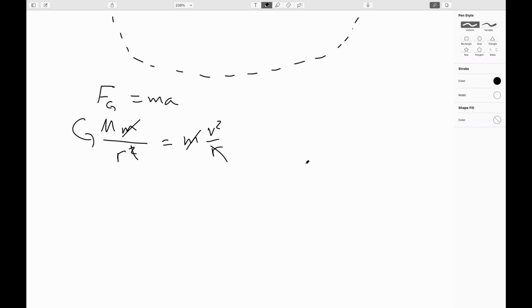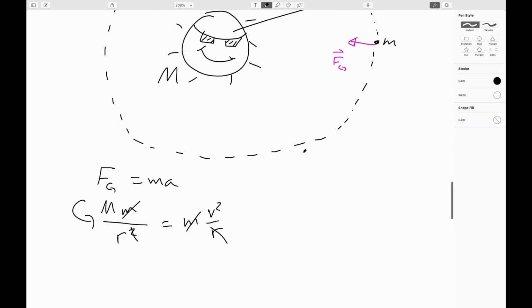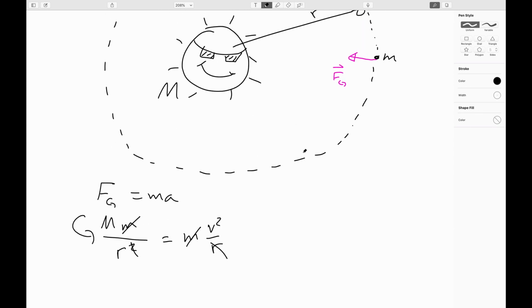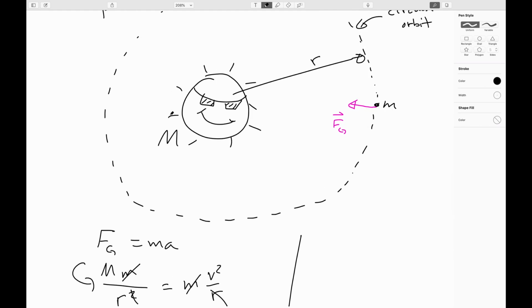So the other thing to think about is how can we express the speed in terms of the period, since what Kepler worked out had to do with the period. Well, we can express the speed as the distance it takes to do 1 lap over the orbital period.